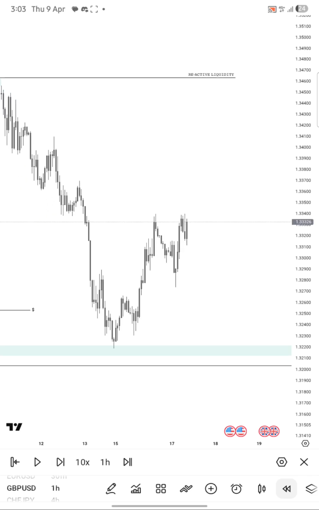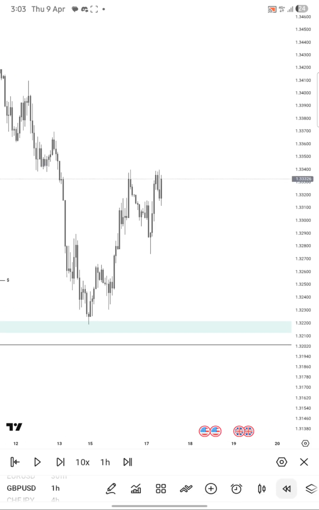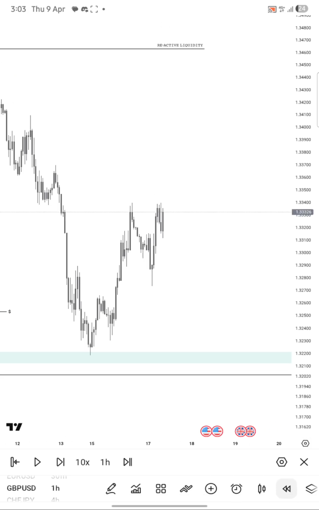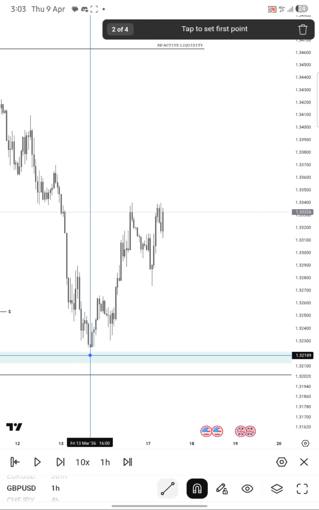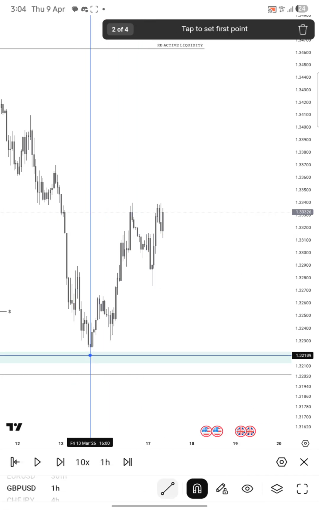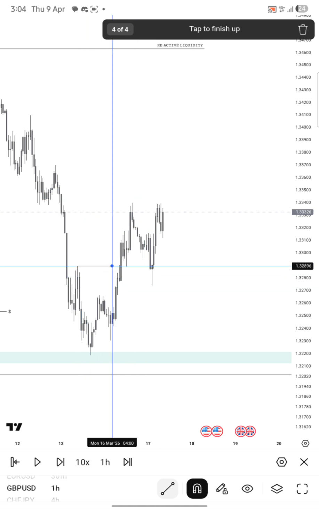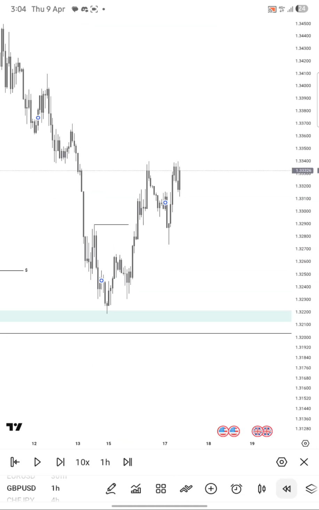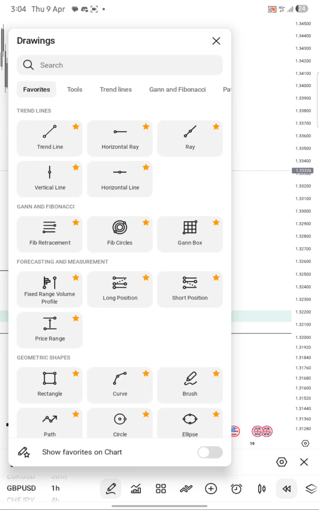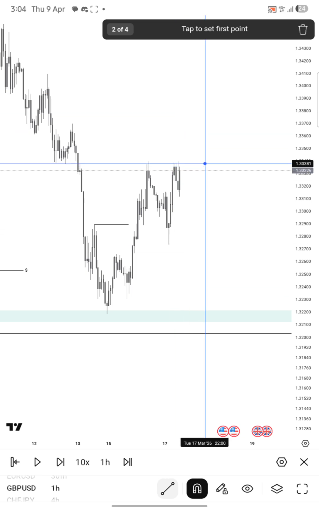Okay, so now we know what liquidity to hunt is, right? After price reaches into a discount area, clears liquidity, and reverses to the upside and shifts its structure, this is why we are going to buy. Since I am a swing trader, I'm not going to do a ping pong thing.